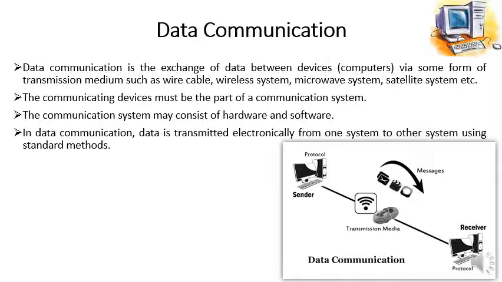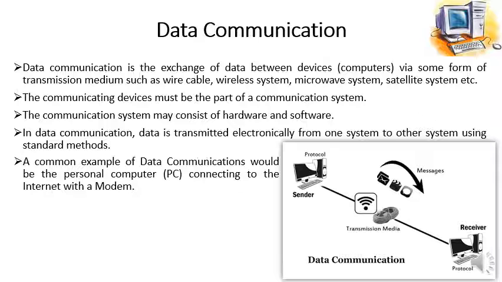If there is hardware but not software, our communication system is incomplete and it's not functional. And if there is software and the hardware is missing, still our communication system is not functional and it is incomplete. In data communication, data is transmitted electronically from one system to another using standard methods. Different methods are used for different communication networks or different types of communications.